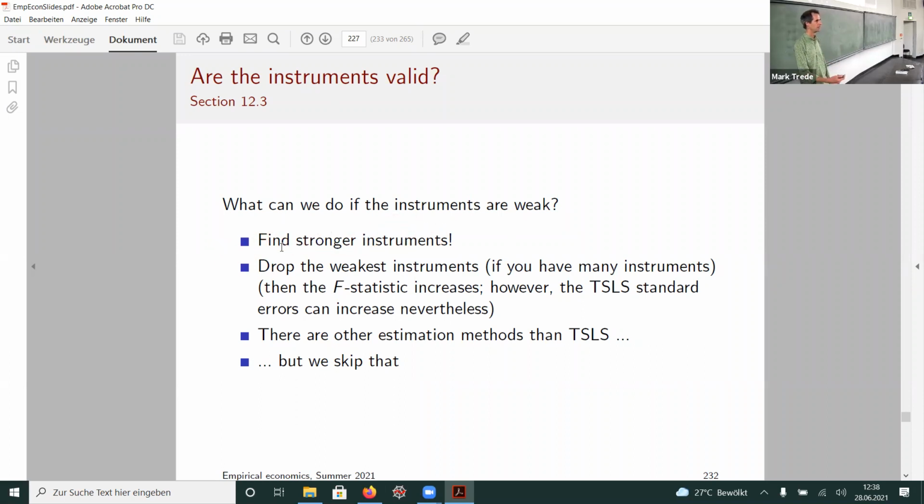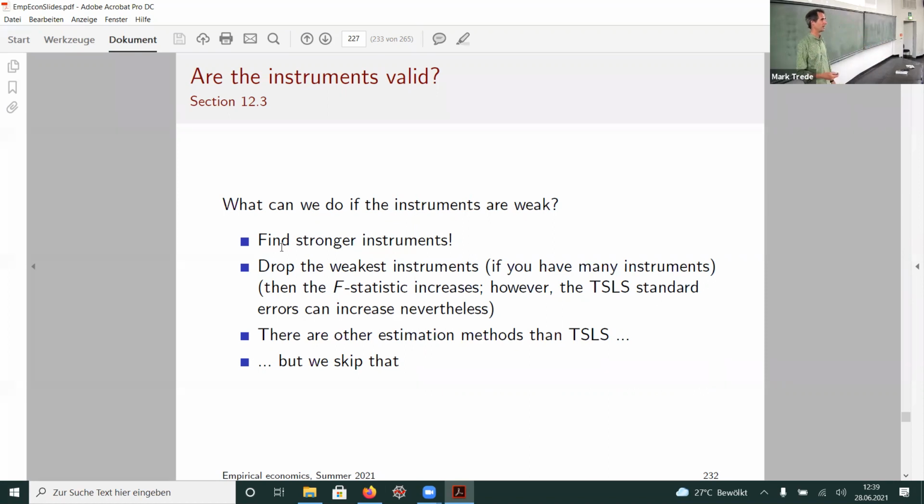You need to find variables that can explain the endogenous regressor, that can explain the X, that are connected to the X, but that do not have a direct impact on the Y. But as I just said, you have to learn to think up stories why you have connections in all different directions.